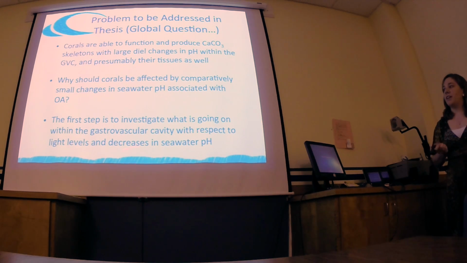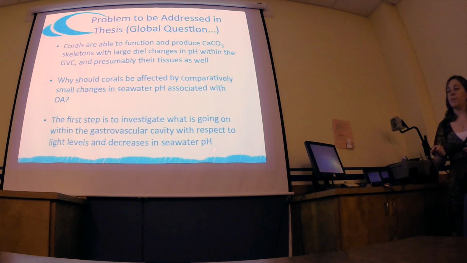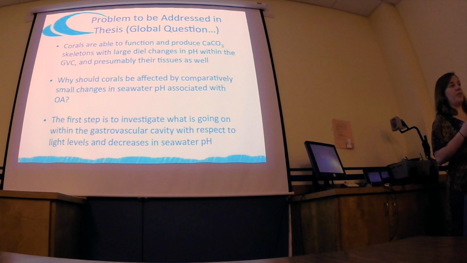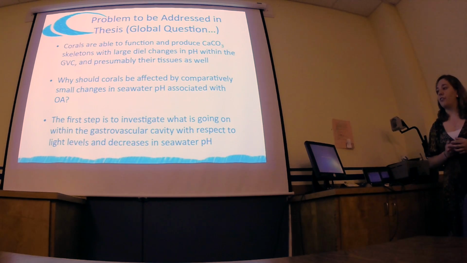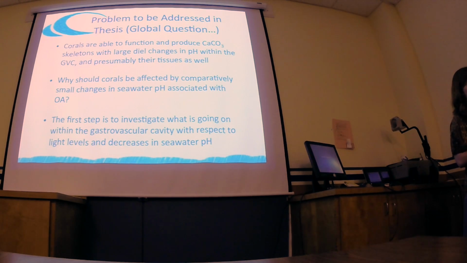So for my study, I wanted to look inside the GBC and see how it was changing, because it seems to play an important role, and since we're seeing these large shifts in pH every day, I wanted to look at that by adjusting light and dark, and then as well adding in the aspect of ocean acidification by reducing the seawater pH.